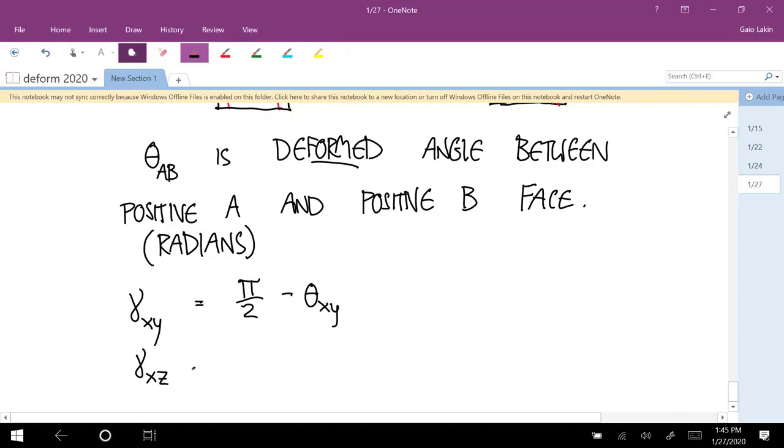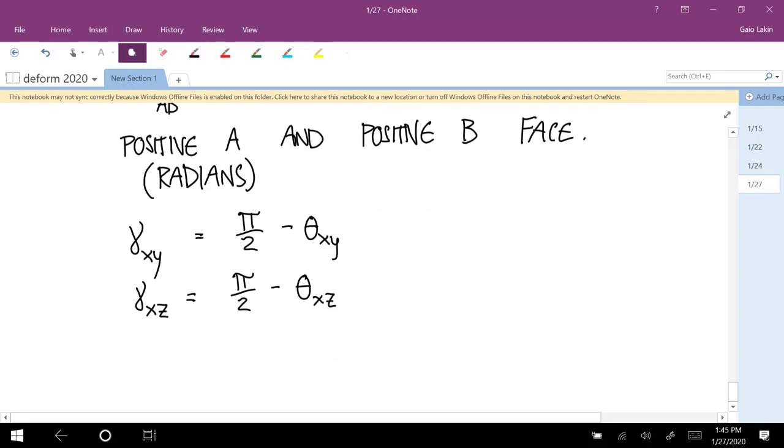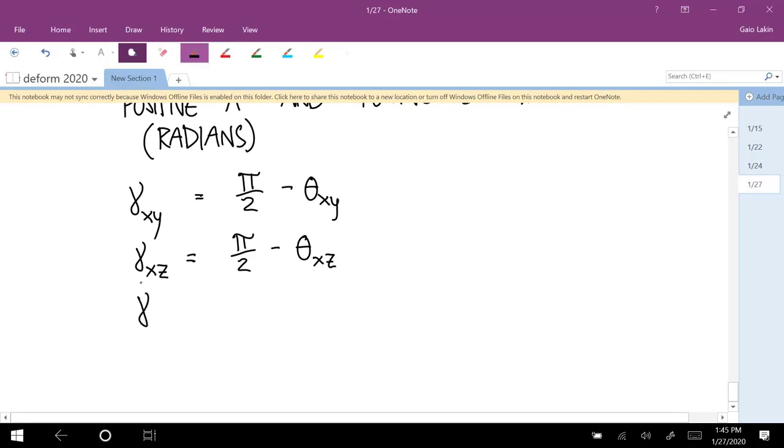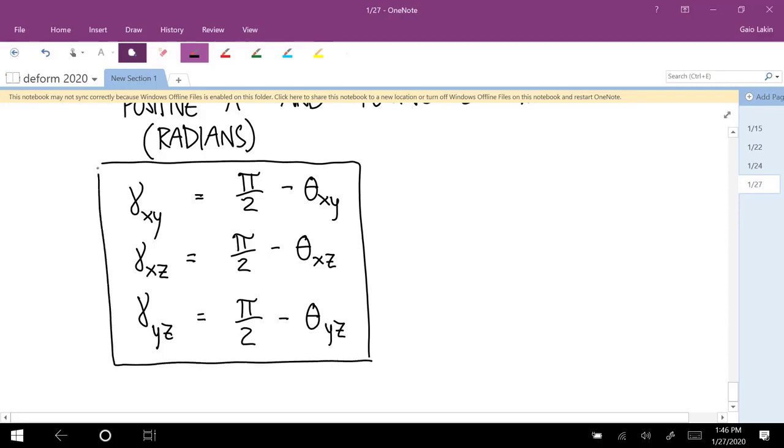Gamma xz is pi over 2 minus theta xz. And gamma yz is pi over 2 minus theta yz. And all those angles are in radians, which is not really a unit. It's really just a description of a pure number. So again, these are all unitless.